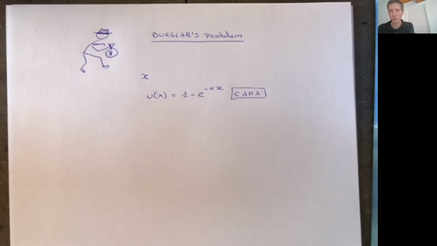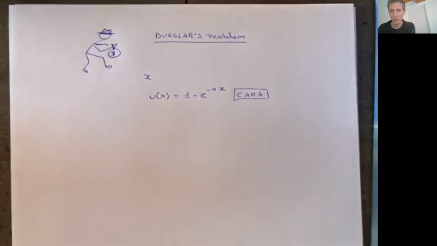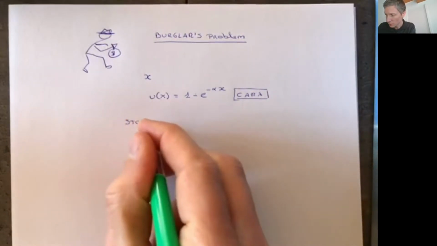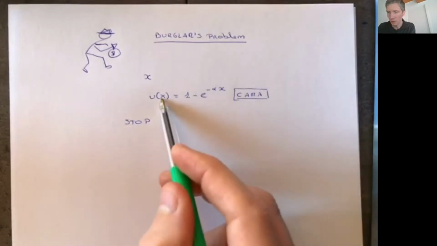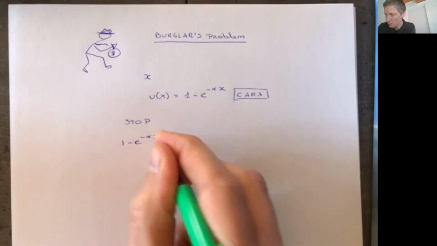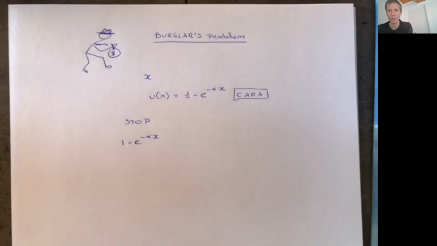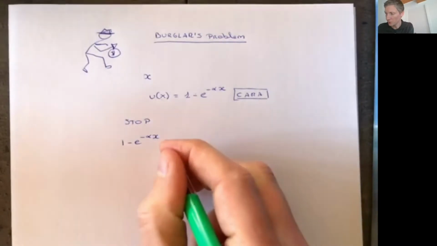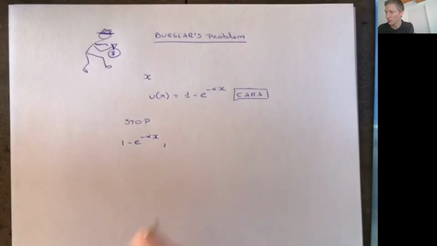If the thief stops stealing and becomes a good citizen, then he can enjoy his money and has a payoff of 1 minus e to the minus alpha x, and then everything stops. If the thief decides to continue stealing, then you have a discount rate beta, and there's a possibility that he will be caught.